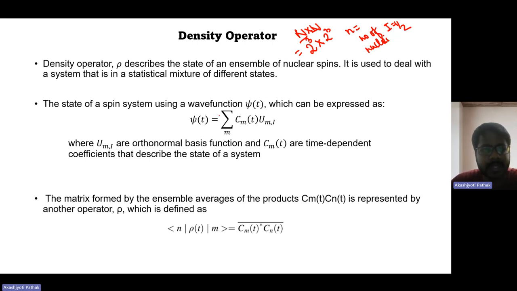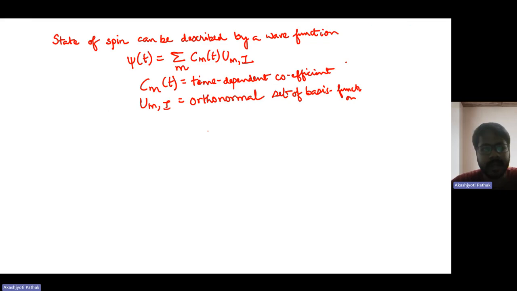The state is given by this expression: psi of t is the summation over m of cm of t times um. The um are the orthonormal basis functions, and cm of t are the time-dependent coefficients that describe the state of a system. Now the matrix formed by ensemble averages can be represented by another operator, the density operator.